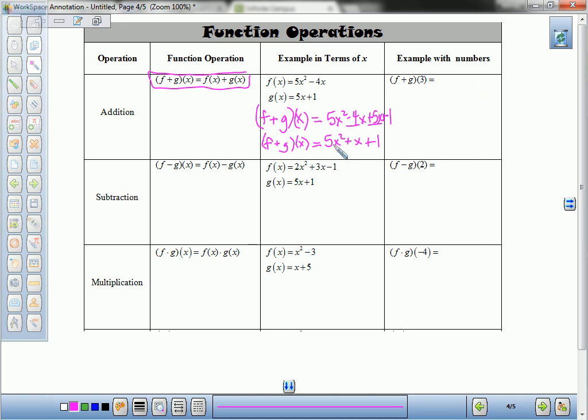So if we want to evaluate by plugging into that sum, we certainly can. So we would plug in the 3. Okay, and then we just simplify. So 9 times 5 is 45, plus 3, plus 1. 45 plus 4 is 49.